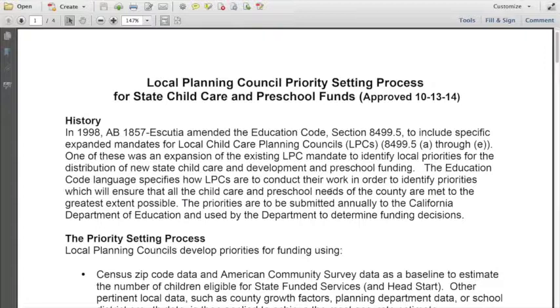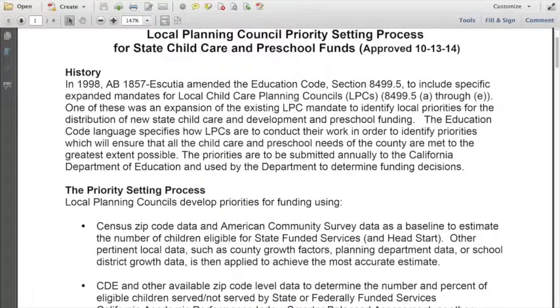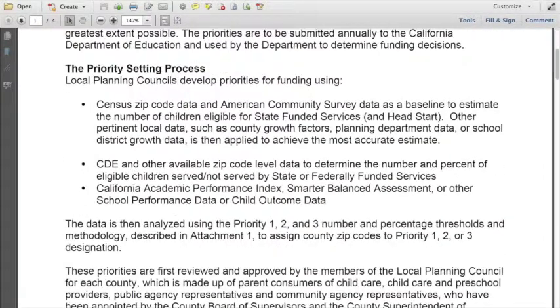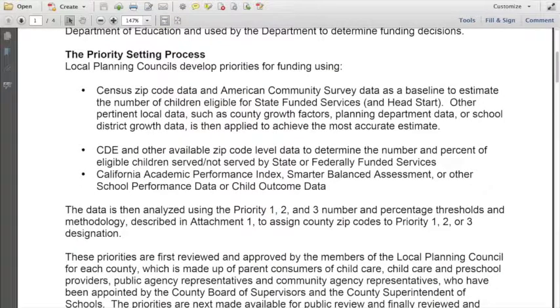And then it says that we will develop the priorities using these basic data sources: American Community Survey, getting local data such as Head Start data, and using other pertinent local data to inform these bigger pieces, and then using the data to determine whether it's a priority 1, 2, or 3.